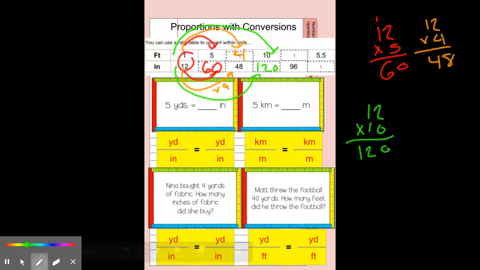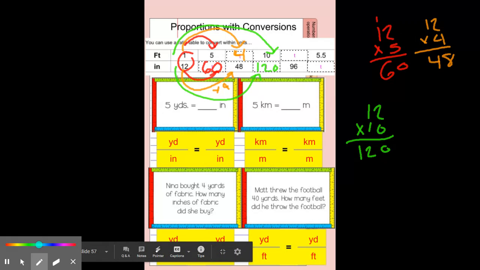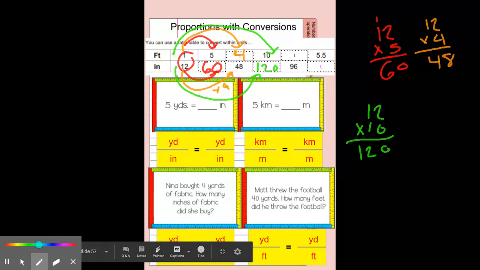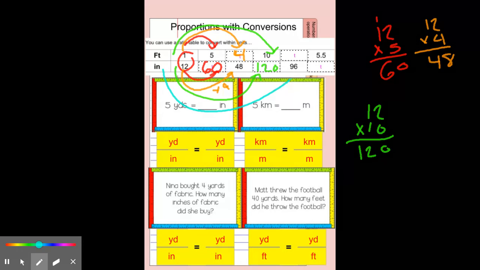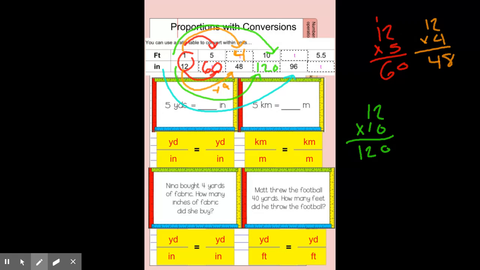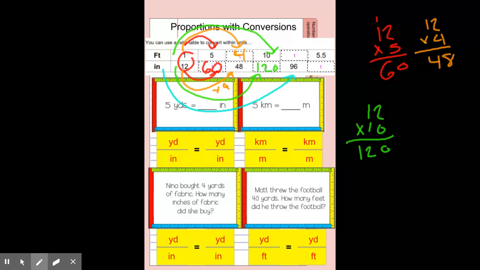Okay, I'm going to keep it going here. The next one, we're going from 12 inches to 96 inches. So what times 12 equals 96?